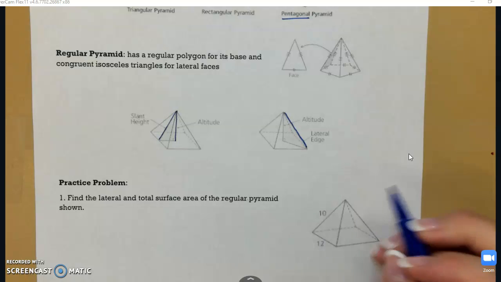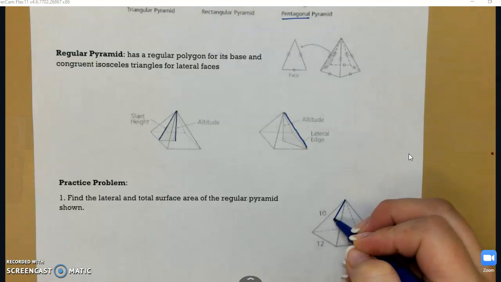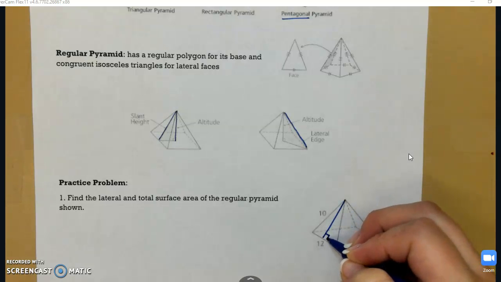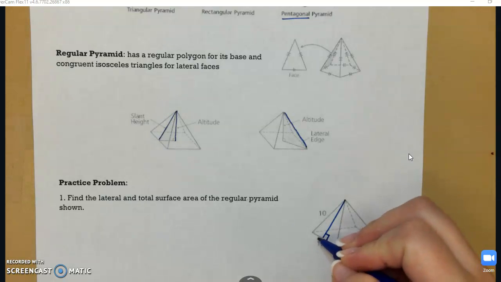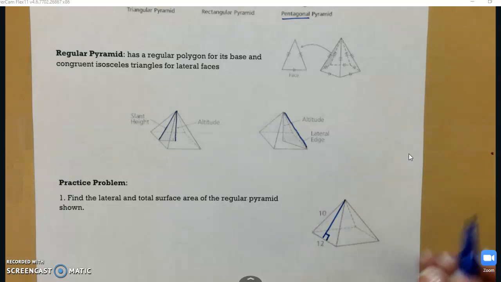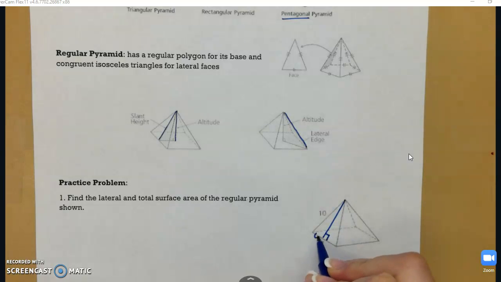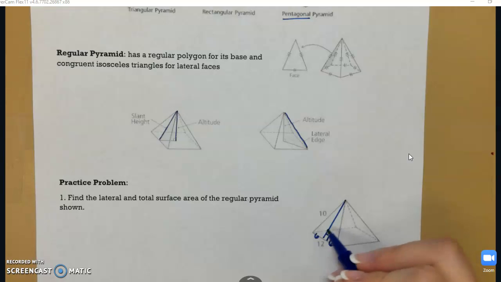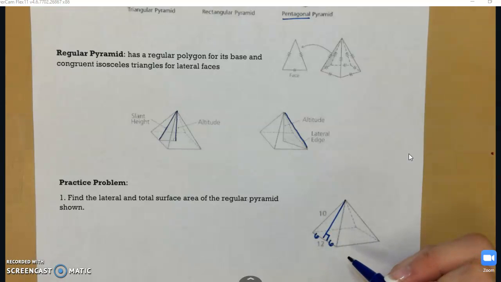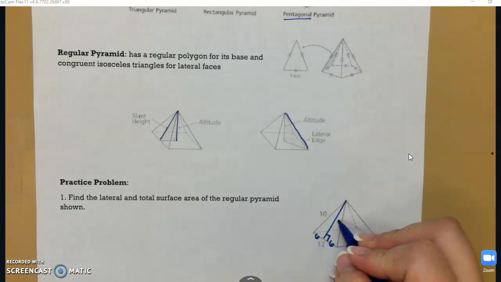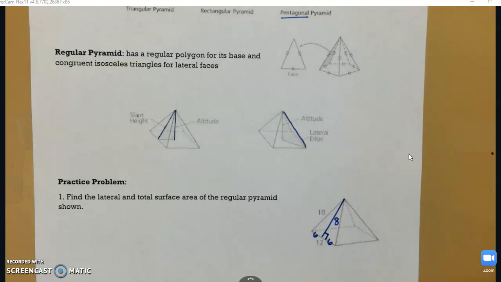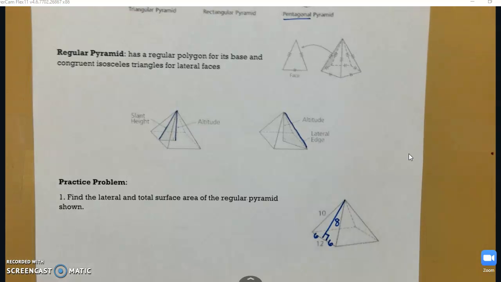Here I know my base is 12, but I need to find the height. So I'm going to draw in my slant height, and that's going to be perpendicular to my edge, and it's going to bisect it, so that's going to turn these both into 6. And I know if that side is 10, this is actually a 3, 4, 5 right triangle, so my height is going to be 8 because each one was multiplied by a factor of 2.